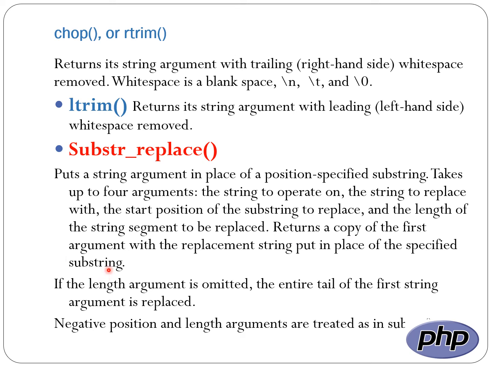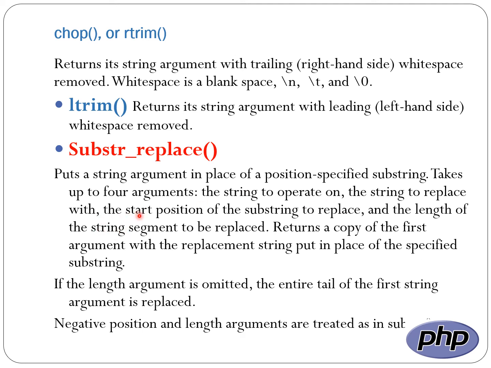So the substr_replace function is used to replace a substring in a string. This function should take 4 arguments. First is the string to operate on, the string that should undergo the replacement operation. The second is the string to replace with.